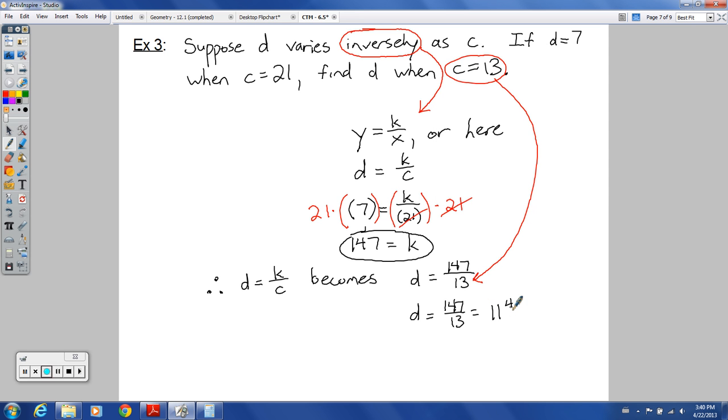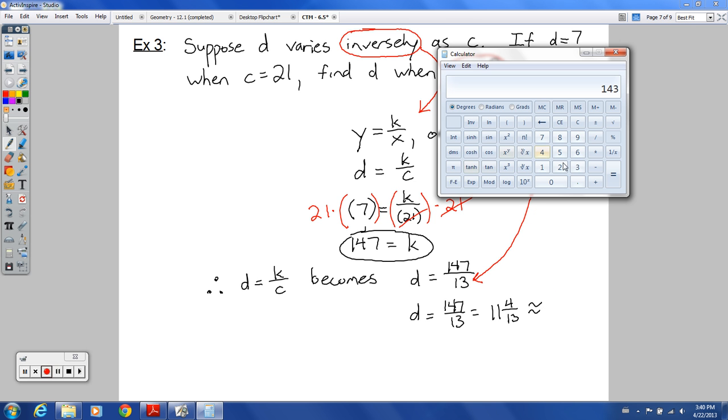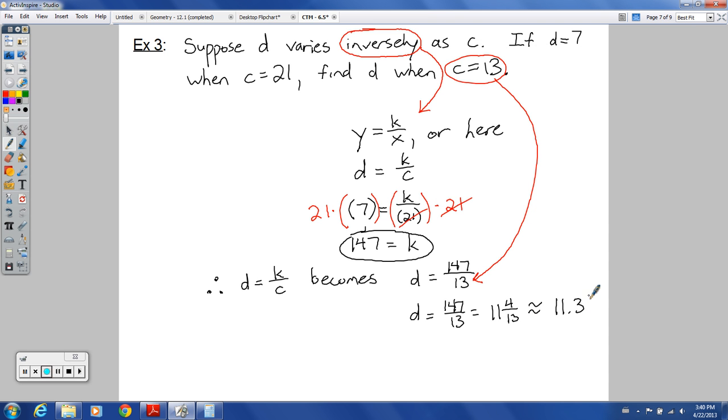So you'd have this as another value, and then you could approximate that, which we had done. Let's retype that in. 147 divided by 13. That's 11.307. Let's go to 2 decimal places for now. 11.31 would be what that approximately is. So 3 different answers. This time there's no context to the problem, so improper is just as good as the mixed number or the rounded off decimal.